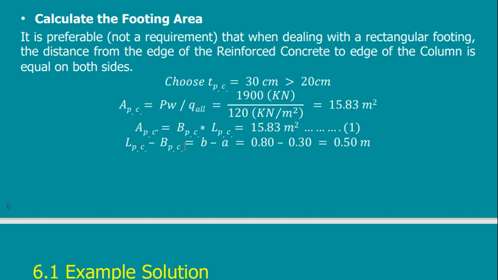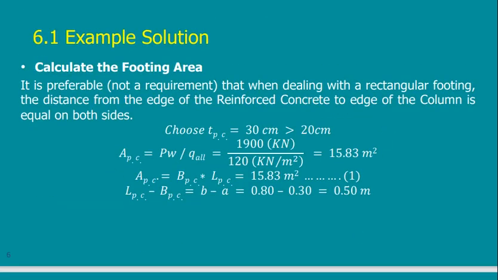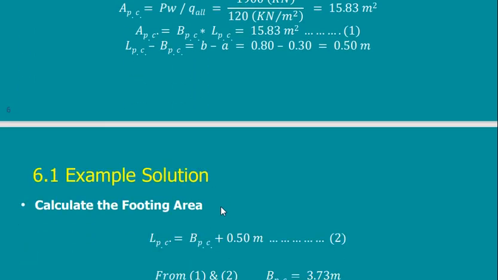The difference between the dimensions of the plain concrete will also be 50 centimeters. So now I have two equations that I can solve. The first equation is L by B equals the required area. The second equation is that the difference between L and B is 50 centimeters.